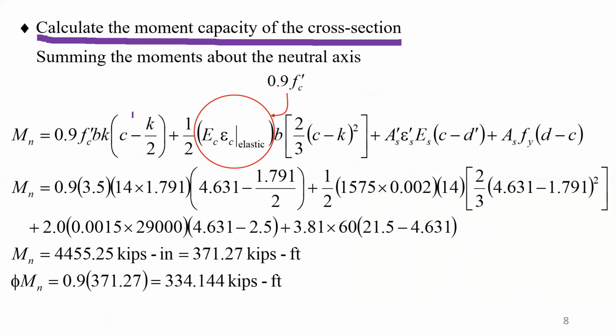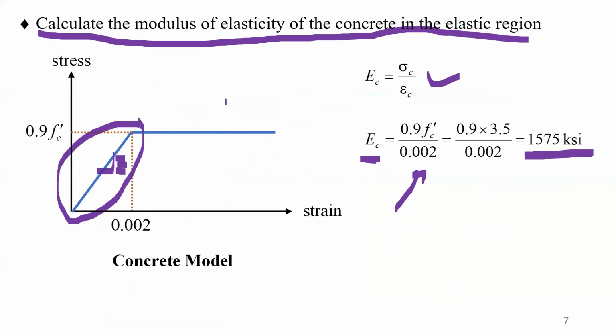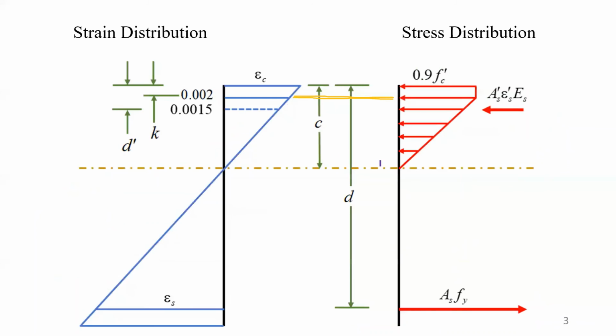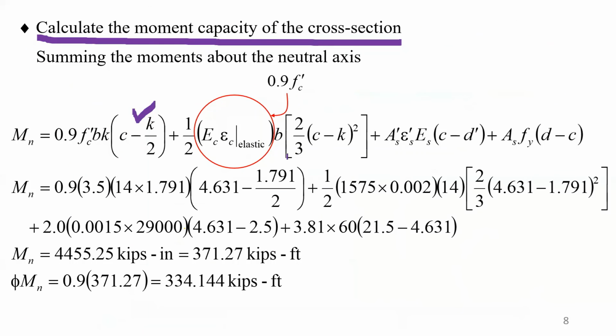The term (c minus k) over 2 is the moment arm, plus 1/2 Ec epsilon c in the elastic range times b times 2/3 times (c minus k) squared.